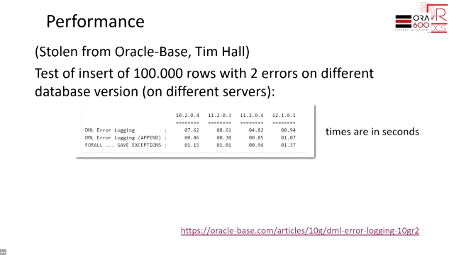You can compare the different ways of logging, and then you see that doing log errors for non-direct path inserts up until 12 was very much slower than the other two. In 12.1, that got fixed. So if you're on a really old database, then log errors might be impacting your performance pretty much. From 12.1 upwards, that's not a problem anymore.